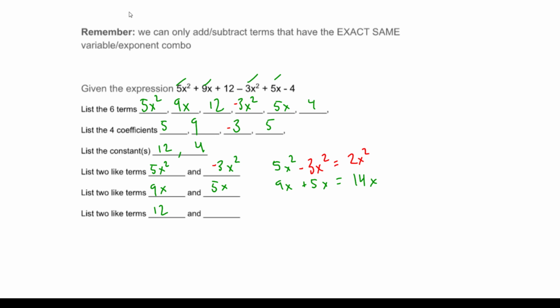Just like before, I'm going to put that negative sign in front of the 4. So we have negative 4. So 12 minus 4 equals 8. So if we were to simplify this whole thing, we could write it as 2x squared plus 14x plus 8. Pretty cool.